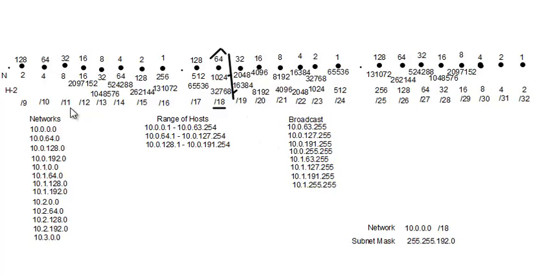So now you understand how to lay out your networks. You understand how to lay out your broadcasts. And you understand how the range squeezes in between them. So there can be no extra numbers. The range starts here. You can't include the network. So the very next number after that is 1. And then it goes to 2, 3, 4, all the way up to 255.